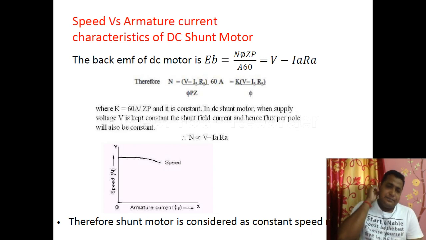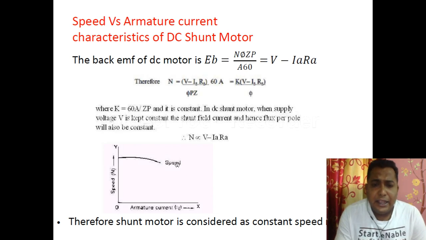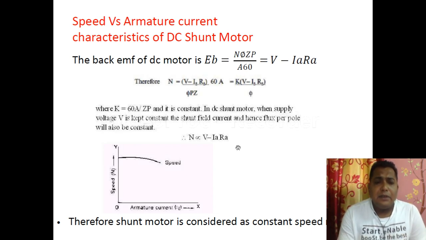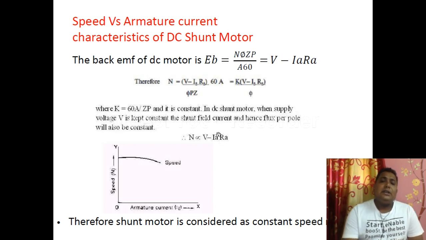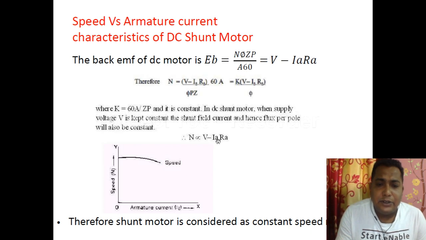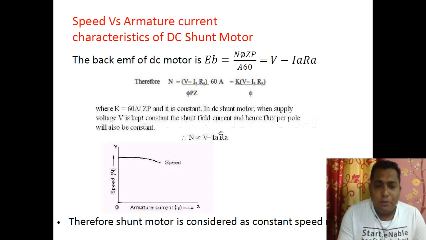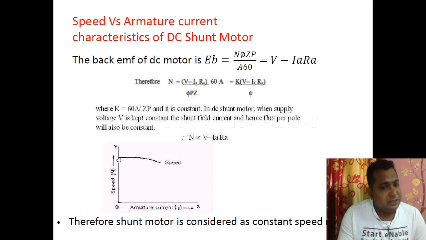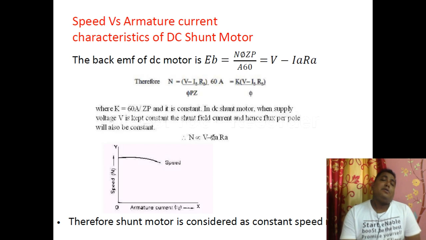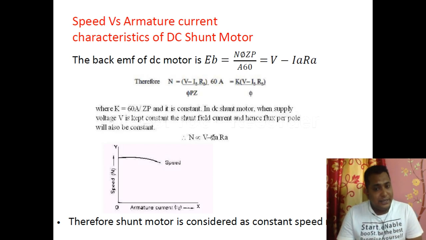So we can say that with the change of armature current, initially when the value of this IA current is 0, follow my pointer, this is the armature current 0 location in the graph. At that time the speed has a maximum value, it is directly proportional to the terminal voltage.